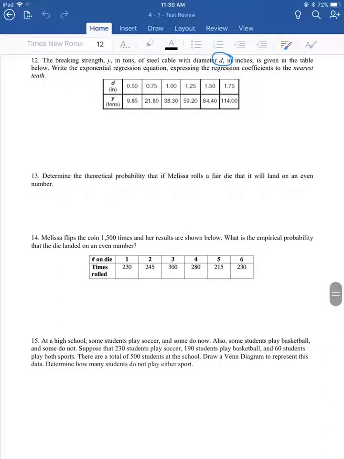Okay, so we're going to have Y equals A times B raised to the power of X. This is an exponential regression equation, so you put everything into your calculator. A equals 4.75.